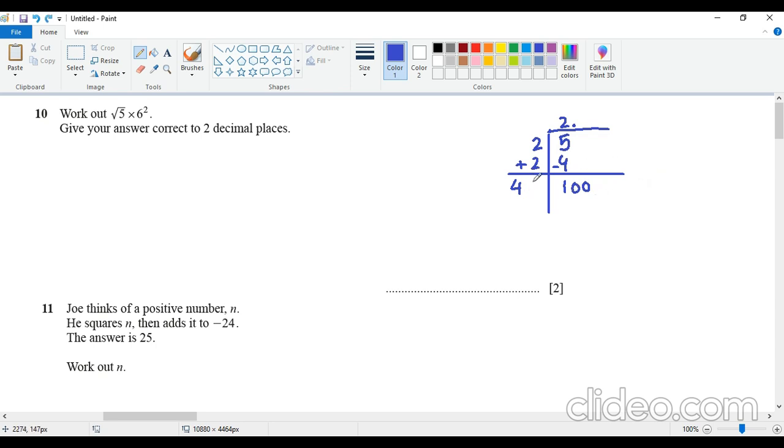Now we go for a 2. 42 times 2 gives you an 84, right? While if I try here, 43 times 3 gives you, 3 times 3 is a 9, 3 times 4 is a 12, which is more than 100. So we will go for 42 times 2, which is 84. So we write 84 here and do the subtractions.